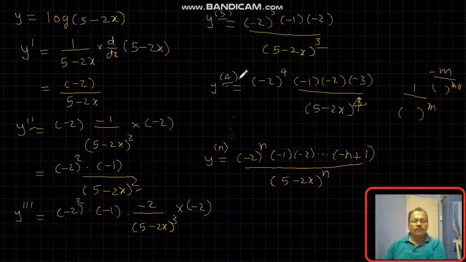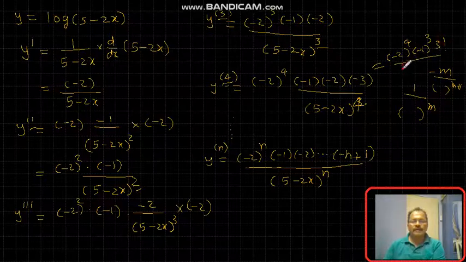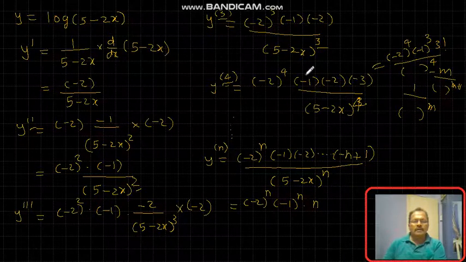Now here for the fourth derivative I can think of this as (−2)⁴, the negatives are 3, so (−1)³ into 3 factorial divided by this bracket raised to 4. So generalization gives me the nth order derivative as (−2)ⁿ into (−1)^(n−1) into (n − 1) factorial.